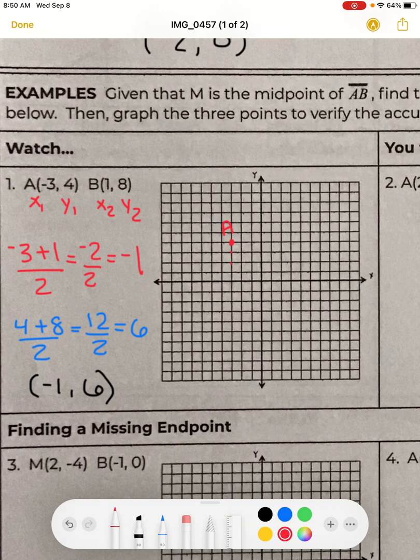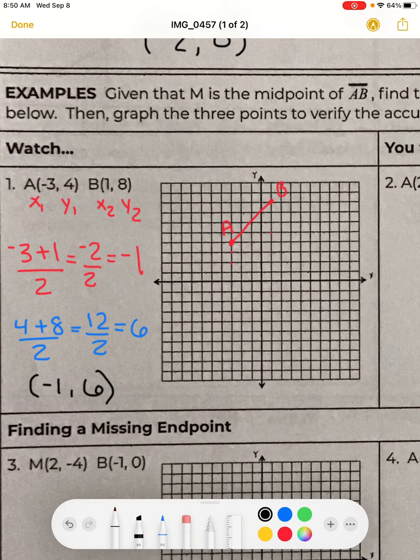Okay, this is my point A. Then my point B is going to be at 1, 8. So here's my line, and we're going to see if the halfway point is at -1, 6.